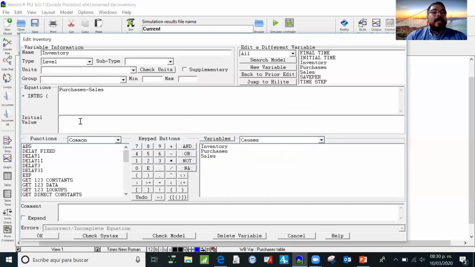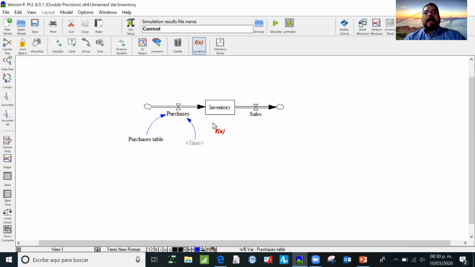And we just add the initial value. We can remember that the information that was given to us is that we have 175 units of initial inventory. Okay, so this is the main situation, the general inventory analysis.